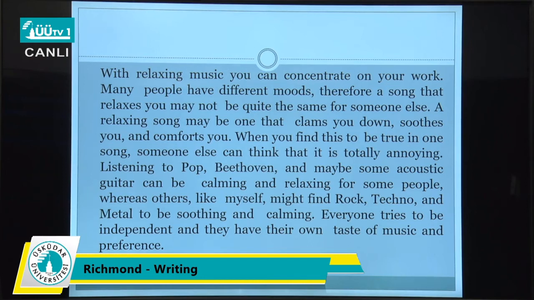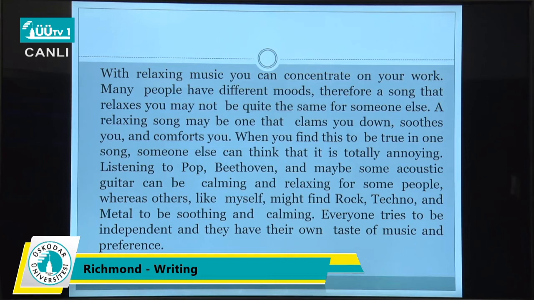So in our first body paragraph, the writer explains the first group, the first type of music. It is the relaxing music. It starts with relaxing music. You can concentrate on your work. And then it explains this category.